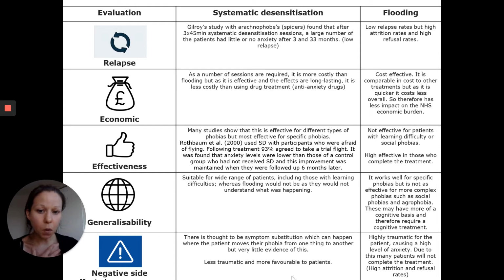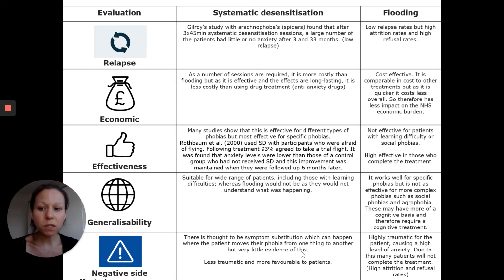First of all, at the very bottom, now I've put it under systematic desensitization, but actually we think it could happen with flooding as well. And it's this idea of symptom substitution. Now, I said could because there's very little evidence of this, and there's been very little further studies to investigate it.